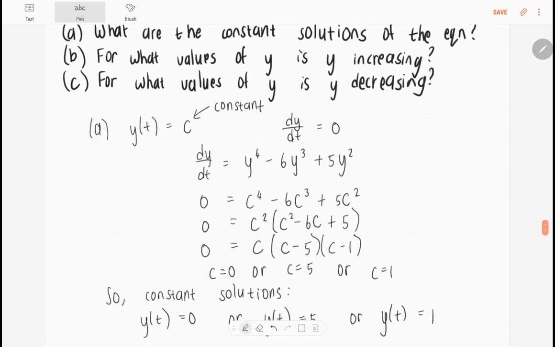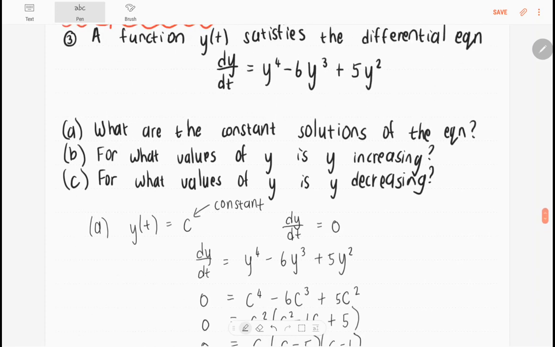Number B asks us for what values of y is y increasing. So we have the derivative of y in our differential equation, and we know that for a function to be increasing, it means that the derivative has to be greater than 0.